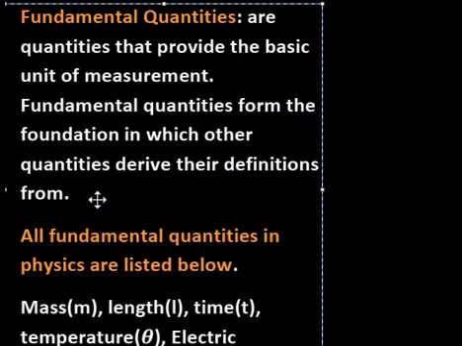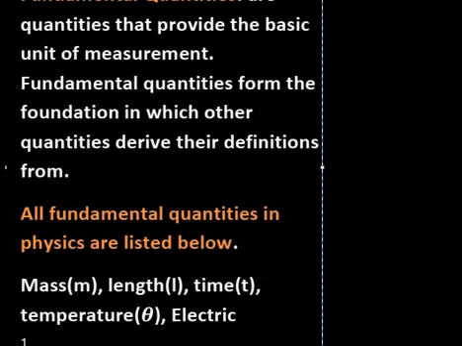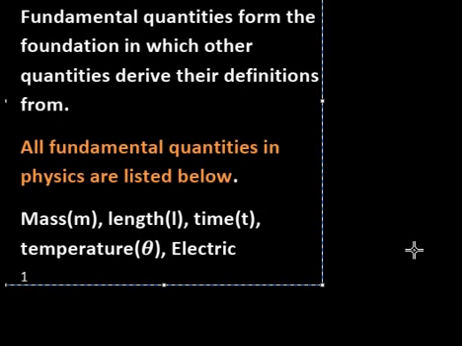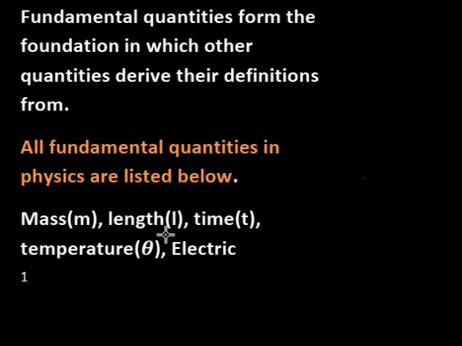They are independent. So that means in physics, every formula you ever encounter has its roots in a fundamental quantity. And you need to know all the fundamental quantities as a physics student.